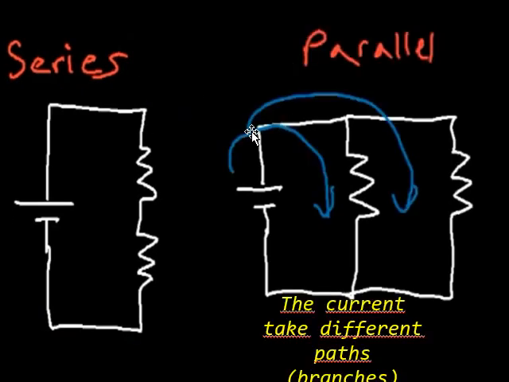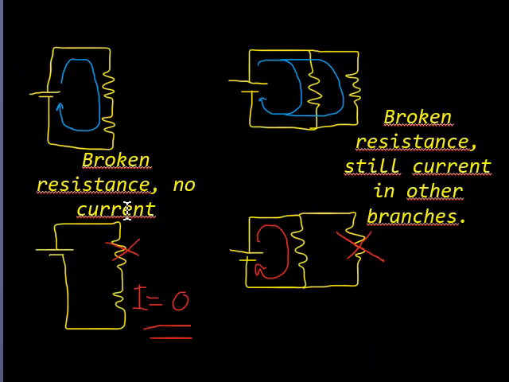While in parallel connection the current splits up in different branches. As I said, if we have a problem like a broken resistance in series, the current will be zero because we have an open circuit. While in a parallel connection, the current will be zero in the broken element, but we will have a current different from zero in the other branches.